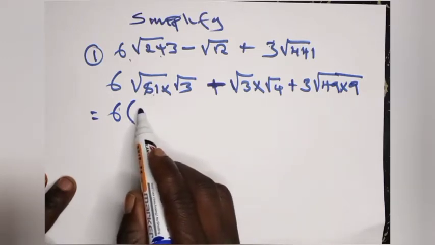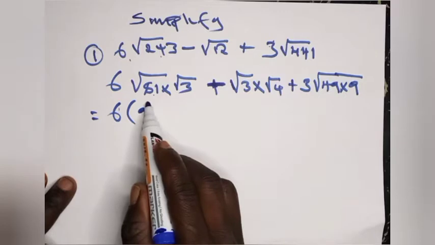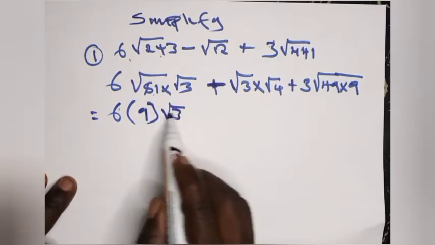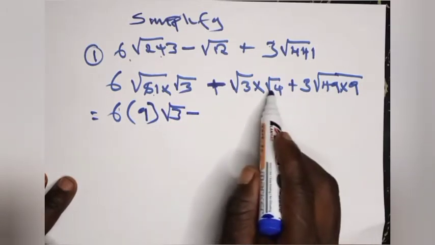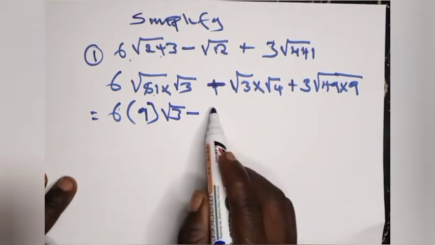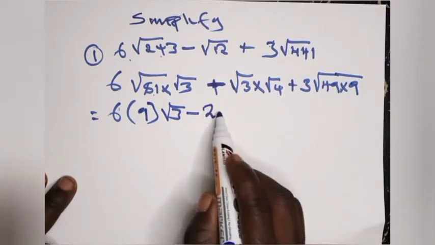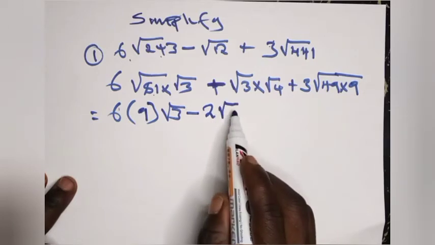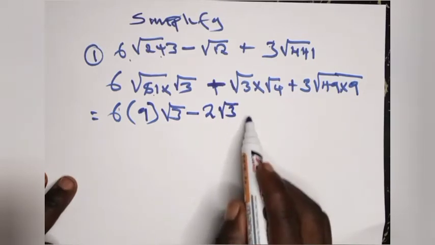Square root of 81 is 9, and for square root of 3 we don't have one, so we leave it where it is. And for square root of 4, it's 2, and square root of 3 remains like that.